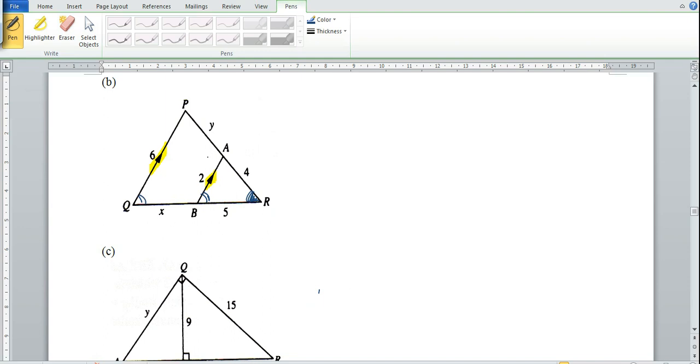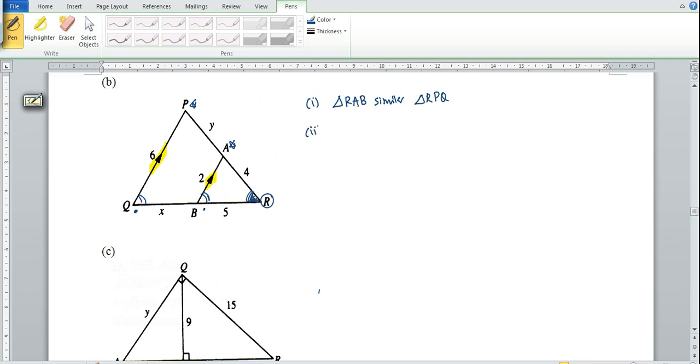So I would state that the two similar triangles are: R is the common angle, A matched with P, corresponding angle Q matched with B, so I can have triangle RAB similar to triangle RPQ.